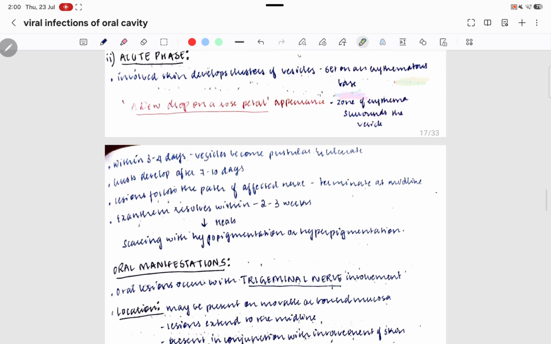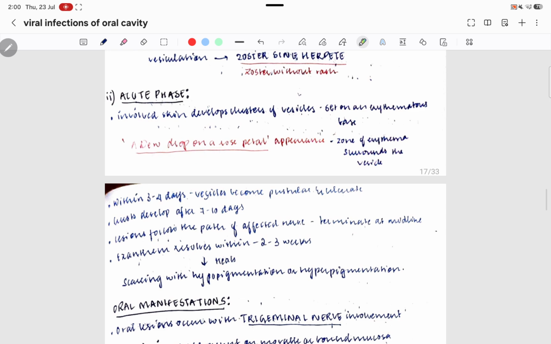So basically the skin becomes red, with vesicles and erythema. The appearance of the skin is dewdrops on a rose petal.